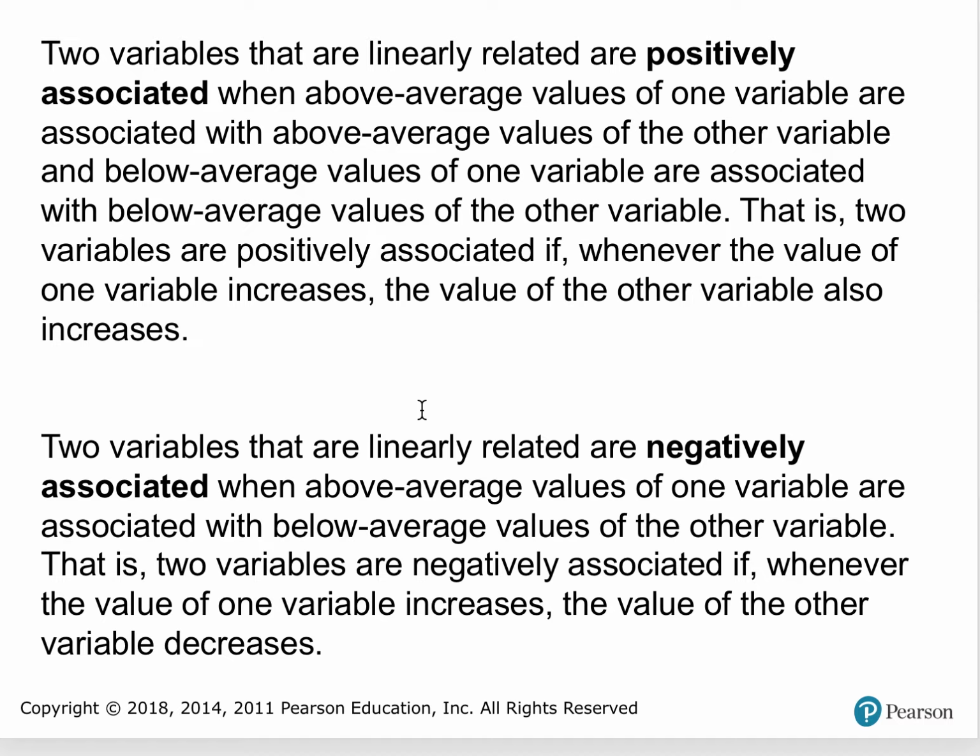That is, two variables are positively associated if, whenever the value of one increases, the value of the other also increases. In other words, when one goes up, the other goes up.